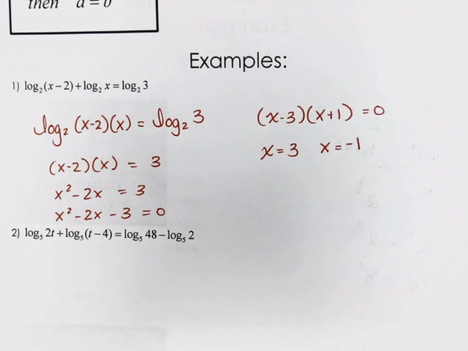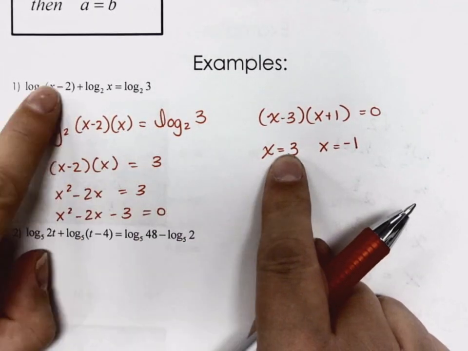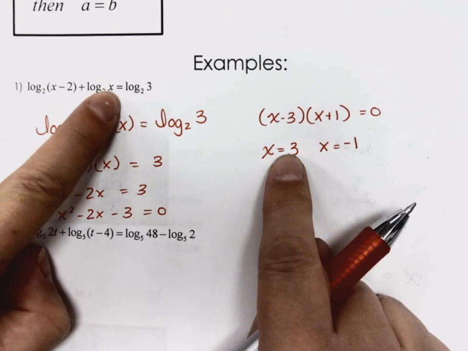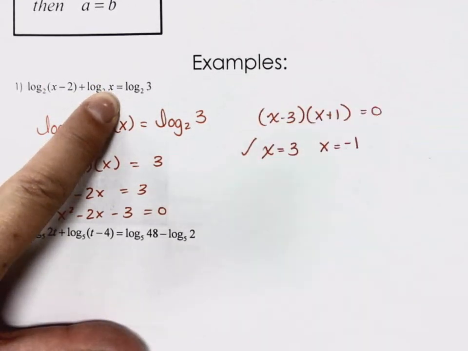So, what do I need to do here before I can move on? We just have to check to see if they work in the argument. So if I put 3 in here, am I going to have a positive argument? Yes. So that's good.